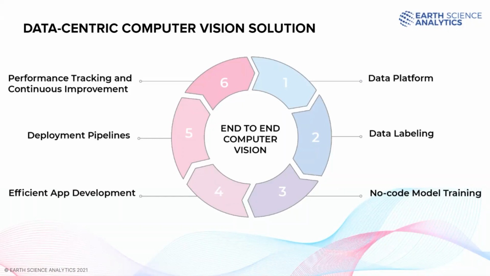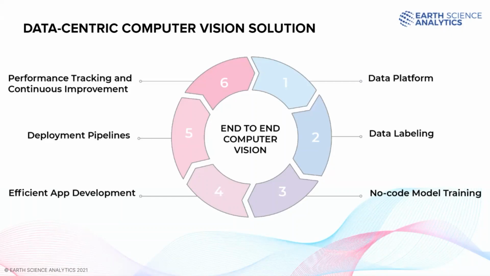Efficient app development, deployment pipelines, and then number 6 here, we need a means to track performance of the models and see where they do well and where they do not do well. And when we identify where they could do better, we need the ability to improve them, which basically means going one more lap around the wheel here.